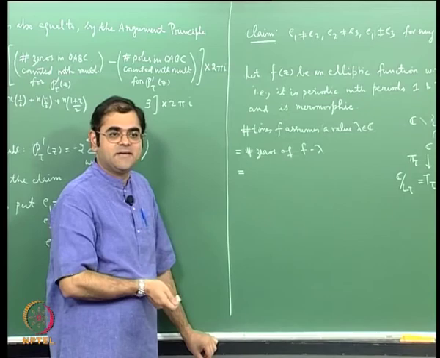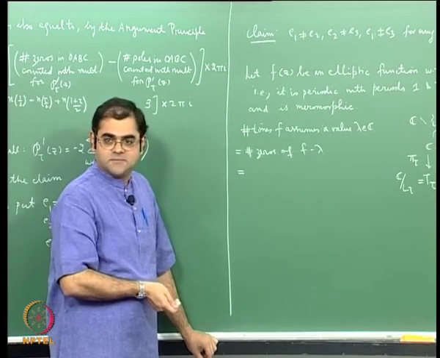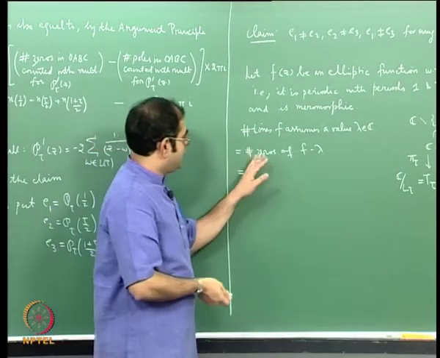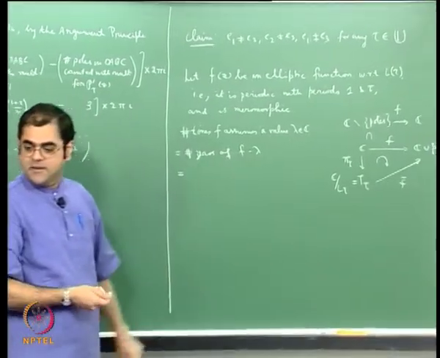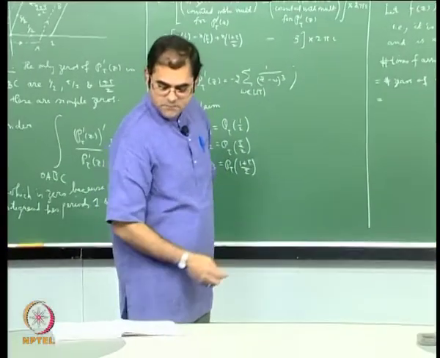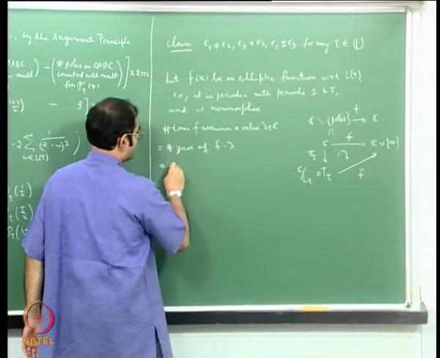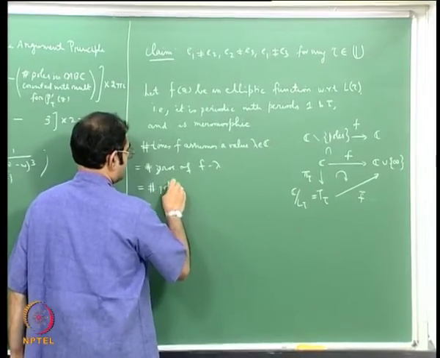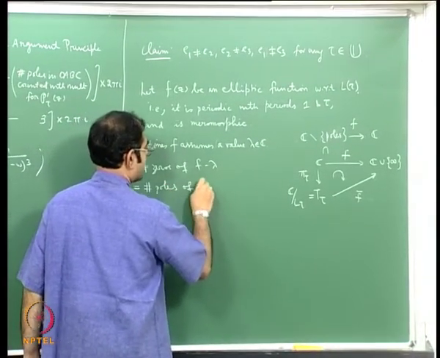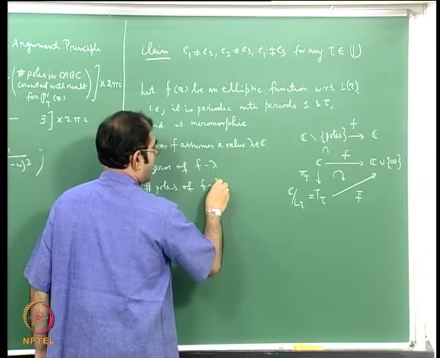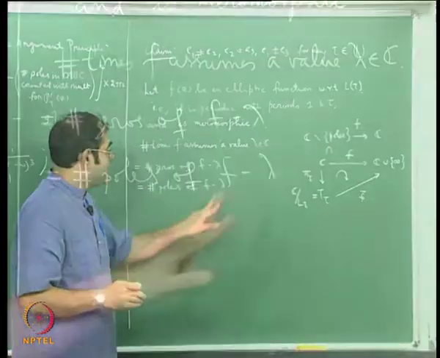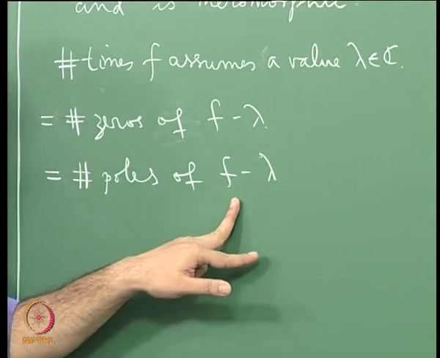So again I am using the argument principle. The number of zeros of f minus lambda will be equal to the number of poles of f minus lambda, and you see translation is not going to affect a pole.